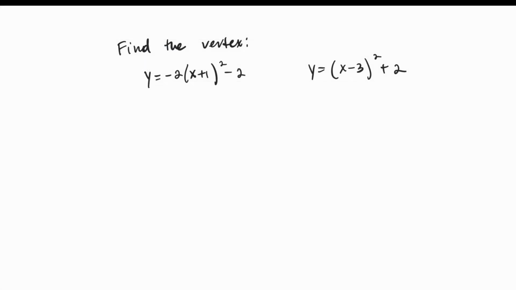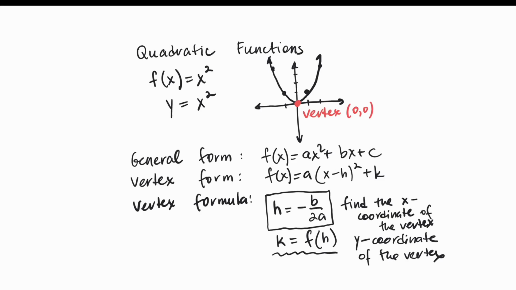So here is a couple of examples. The equations of quadratic functions, the two separate equations, are given to you in vertex form. Remember, it is y equals a, x minus h squared plus k. It's this formula right here, a, x minus h squared plus k.